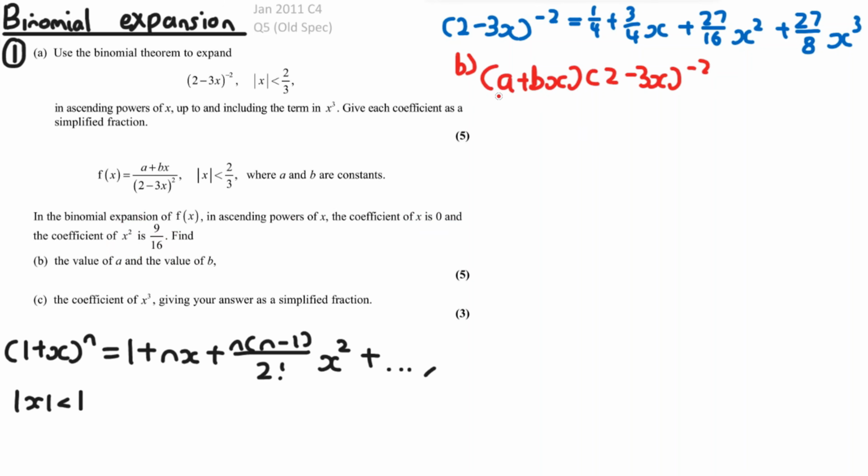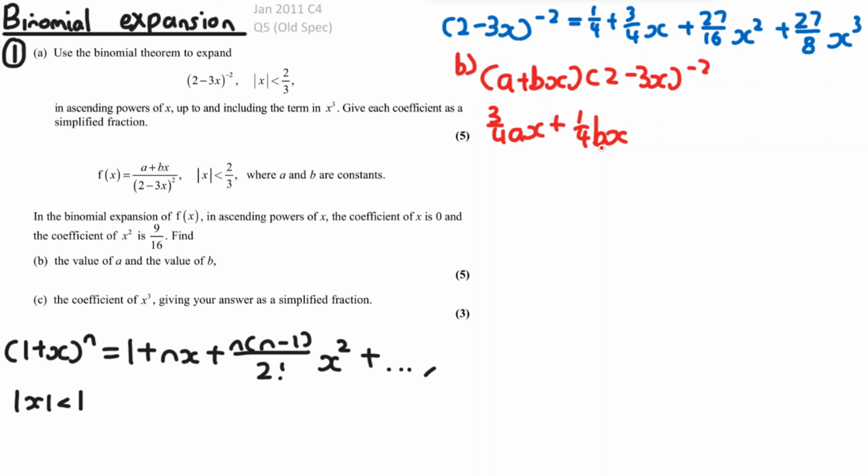Now, rather than just expanding this and doing a load of maths that we don't need to do, let's just individually consider the coefficient of x and the coefficient of x squared. So let's start with the coefficient of x. The x terms when this is multiplied by this are going to be when a multiplies 3 over 4x to get 3 over 4ax, and when bx multiplies 1 over 4 to get 1 over 4 bx.